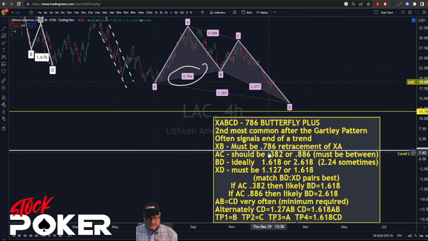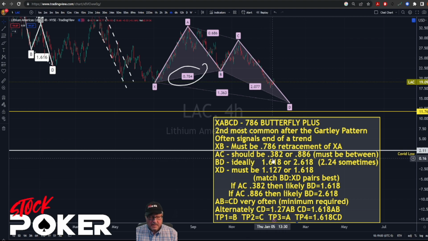This might get a little wonky here, but not really. You don't need to know why, but just understand that when the BD ratio and the XD ratio match or pair, it's best. And when I say pair, I mean if the BD is the 1618 and the XD is the 1127, that's a pair.